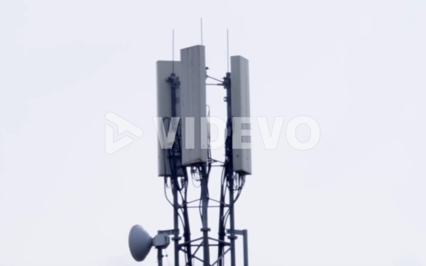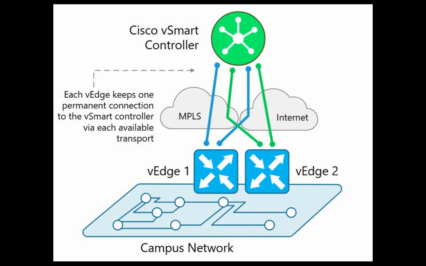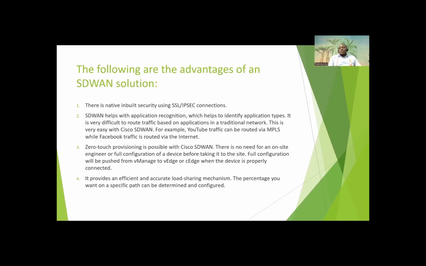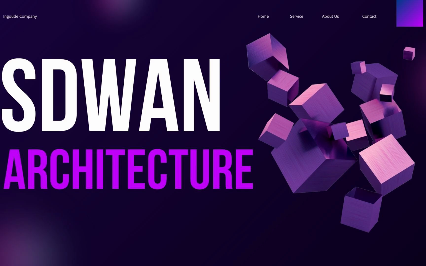And you can even determine the volume of traffic you want to use across all of them. So it has actually helped us to eliminate most cases whereby we will have more than two links, I will just be using one, and other links will be redundant. They will be a backup whereby you are not using them. So these are the advantages of SD-WAN.